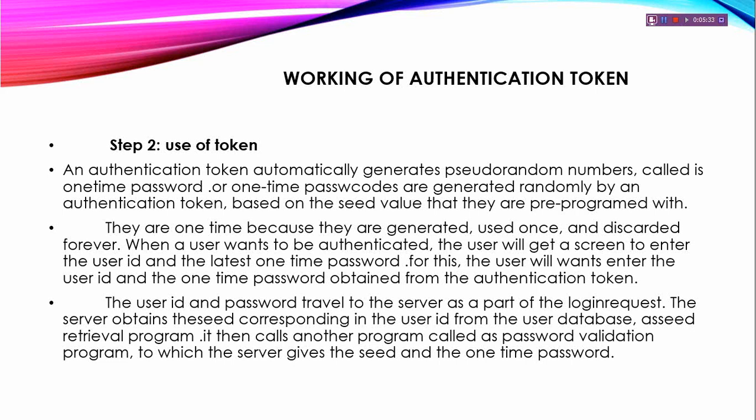Means every time the device generates a random number that is known as one-time password or OTP, on the basis of the seed value. They are one time because they are generated, used once and discarded forever.